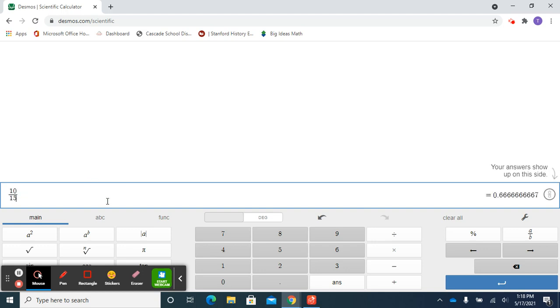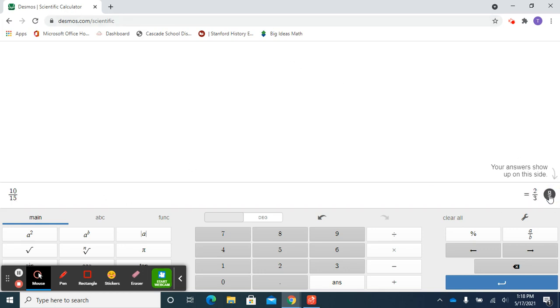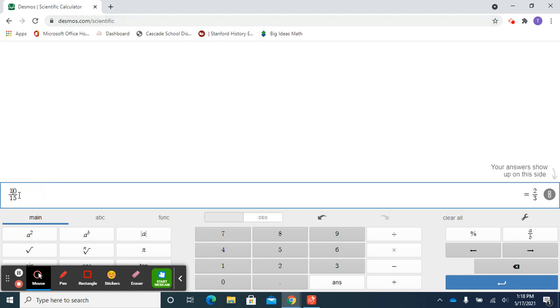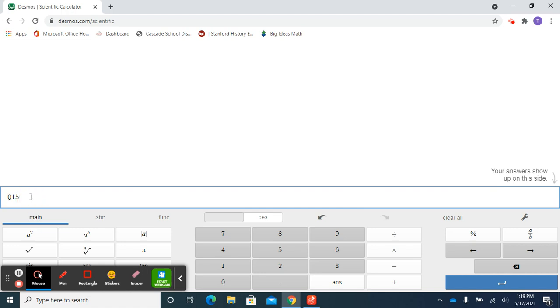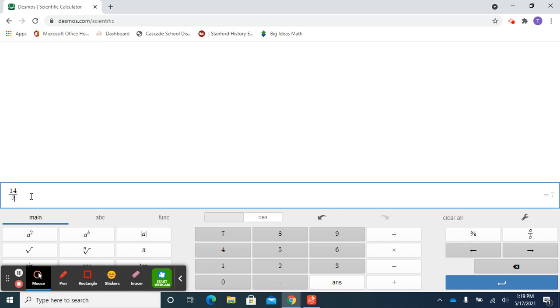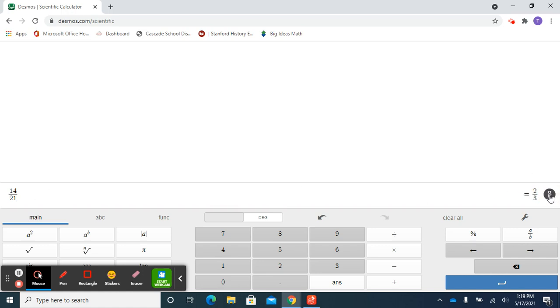Right now it's giving us a decimal over here, but we can change that to a fraction, and it's 2/3. So 10/15ths is 2/3. And then our other fraction is 14 over 21. And that in a fraction is 2/3.